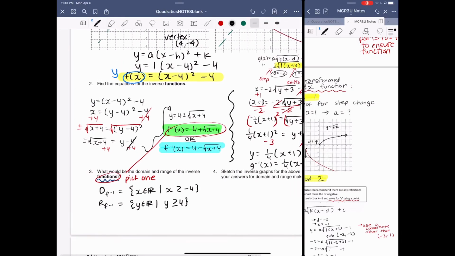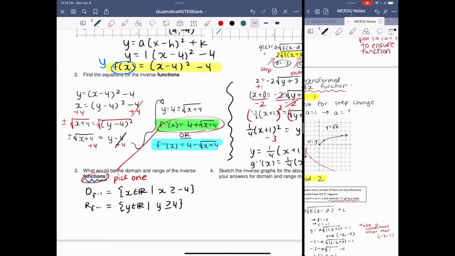The reason I circle the word function is because, let's say you have a different question, and the question does not specify inverse function, and they just say find the domain and range of the inverse.